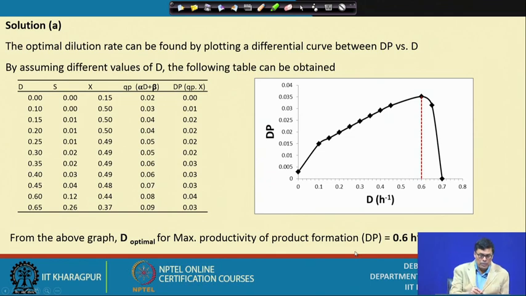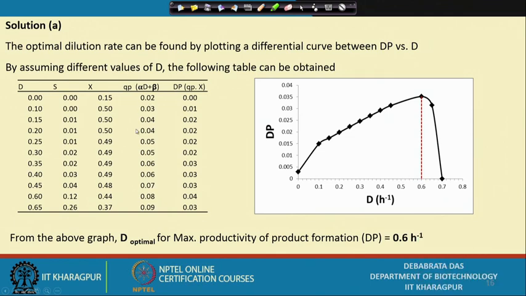In this equation all values are given, so we assume different dilution rates. Because Dmax value is given, we can assume D values less than that: 0.1, 0.15, 0.2, 0.3. So respective S and X values we can calculate, and we can calculate the Qp value, then we can find out the D into P value, that is equal to Qp into X. That is equal to dP by dt.